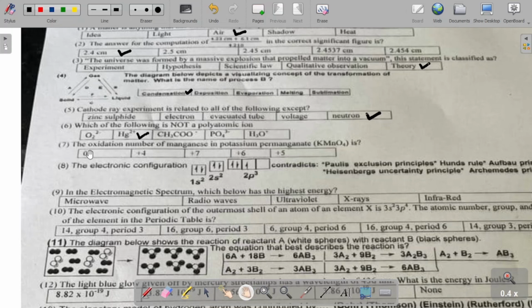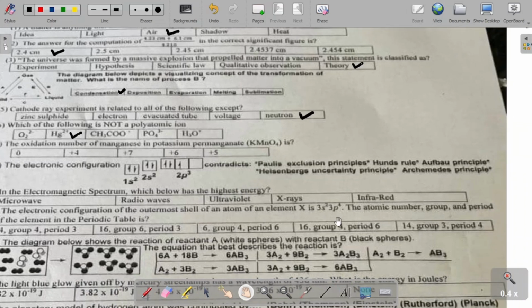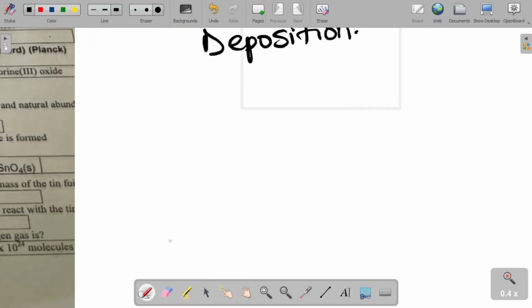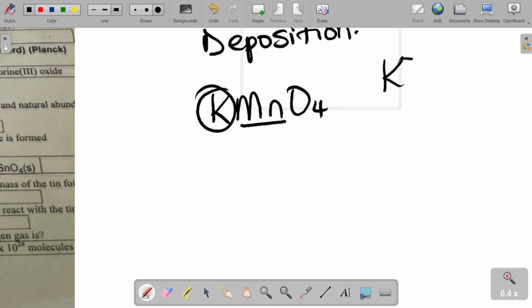Number seven, the oxidation number of manganese in potassium permanganate, KMnO4. You have to find the oxidation number of manganese. Now, how do you find this? First things first, for potassium, you have K plus, right? The oxidation number of potassium is +1.